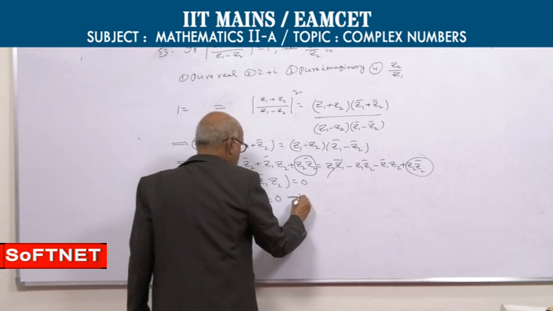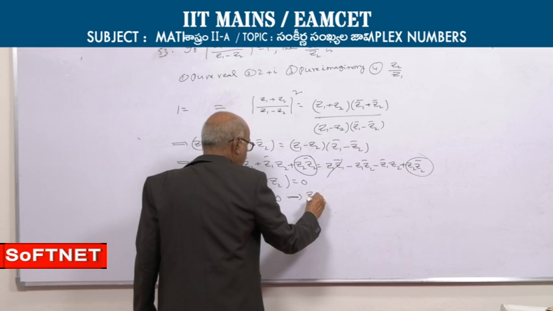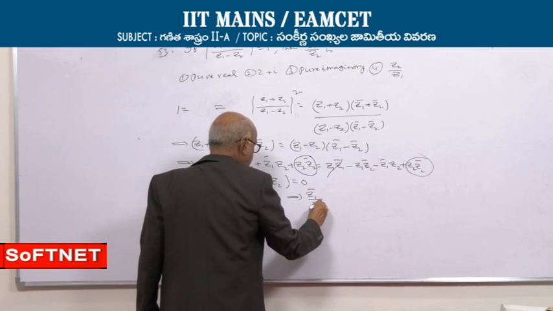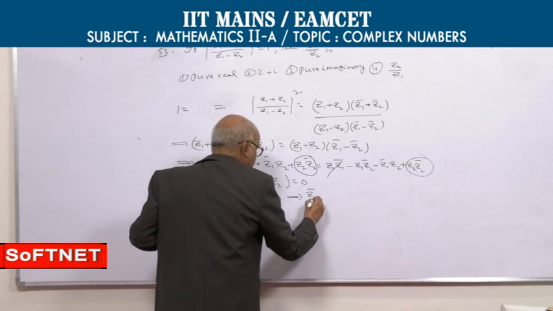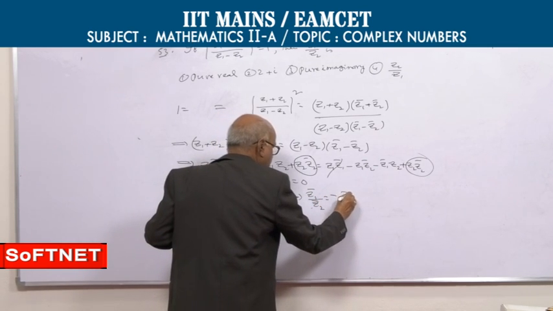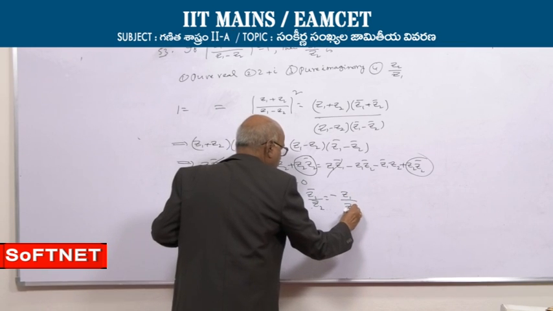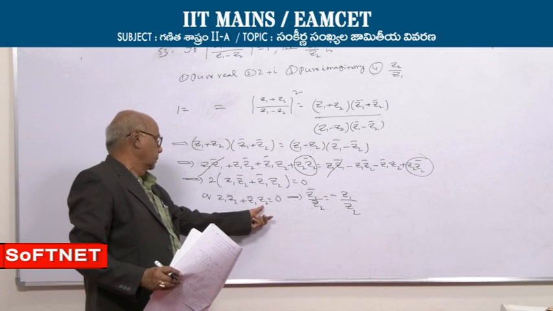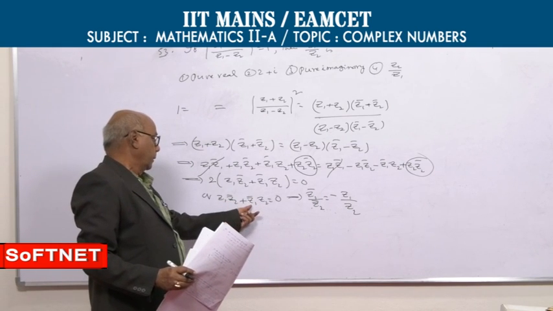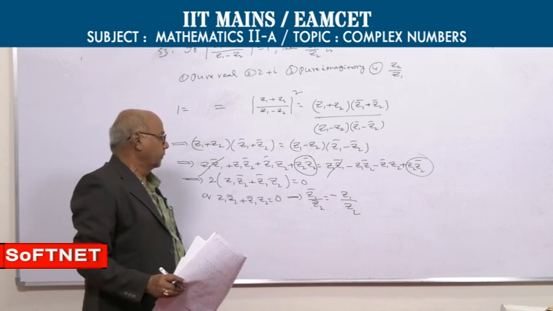So this shows that Z1 bar by Z2 bar is equal to minus Z1 by Z2. Okay, Z1 bar by Z2 bar is equal to minus Z1 by Z2.